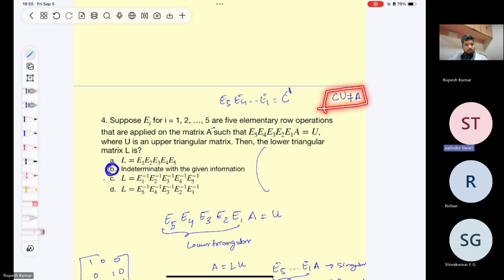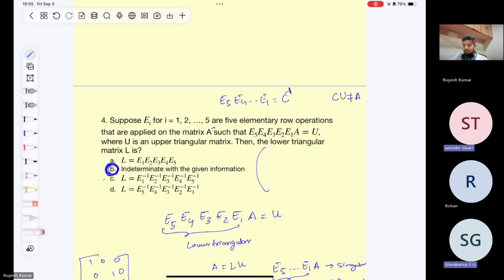I'm just saying the mathematical equation. The operations we have applied are only on A to get an upper triangular matrix. You are saying if any one of these operations is not lower triangular, you won't get a U, right?